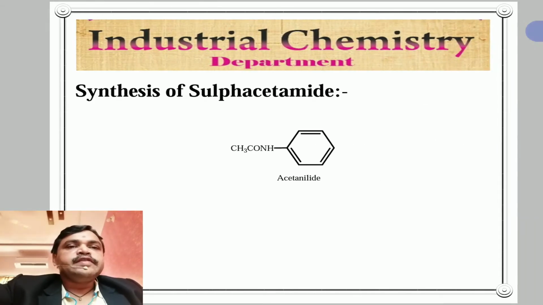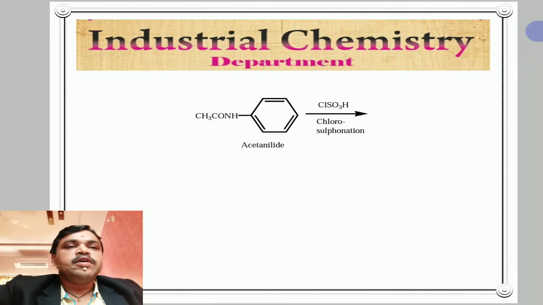It is sulfacetamide. First of all, we start the synthesis from acetanilide. So for sulfacetamide, we have the starting material acetanilide. Now, on reaction with chlorosulfonic acid, here chlorosulfonation occurs.